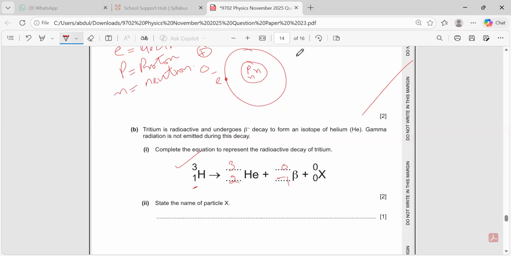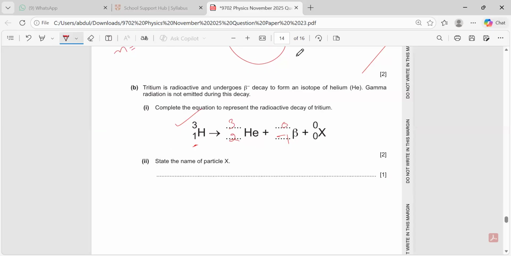I made a mistake, but then state the name of the particle X. So particle X, 0 mass, 0 charge. So it is a neutrino, but an electron antineutrino. You can write electron. I forgot to write it in the beginning. So electron antineutrino.